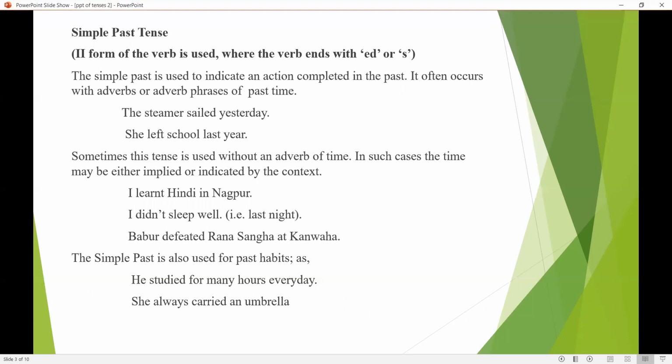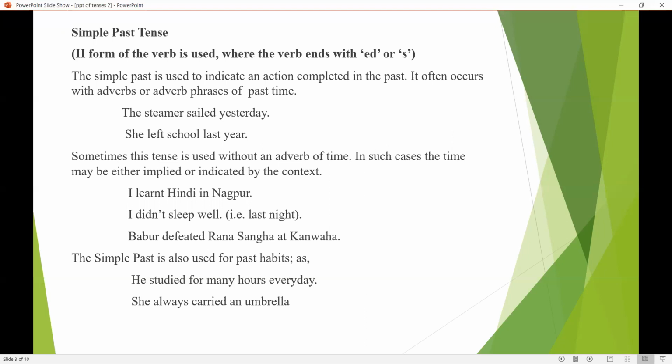That is, I learned Hindi in Nagpur. I did not sleep well. That's obviously last night. Babar defeated Rana Sanga at Kanwaha. Time is not denoted, but the action has taken place.